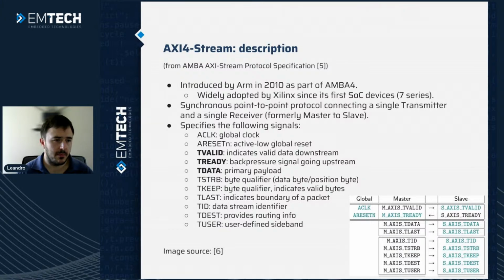You have a couple of byte qualifiers, TSTRB and TKEEP. TLAST indicates the boundary of packets. This is used quite a lot. Then for identification and routing, you have TID and TDEST. And a user-defined sideband is TUSER.